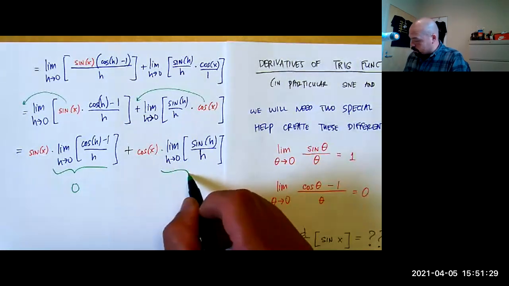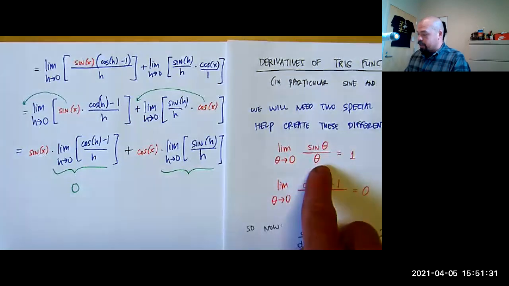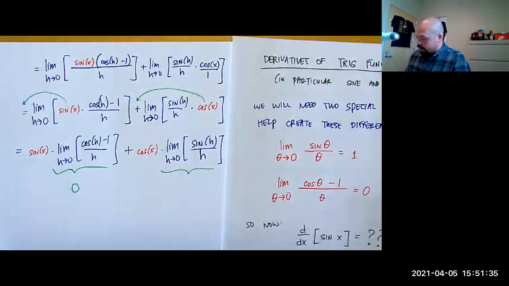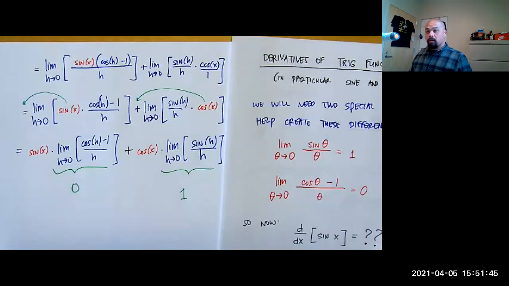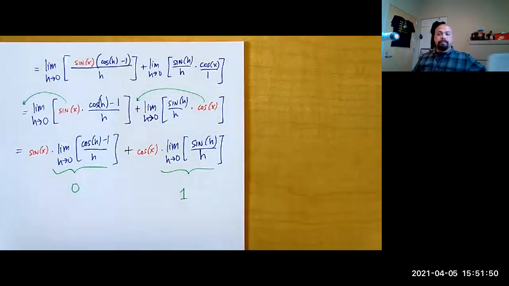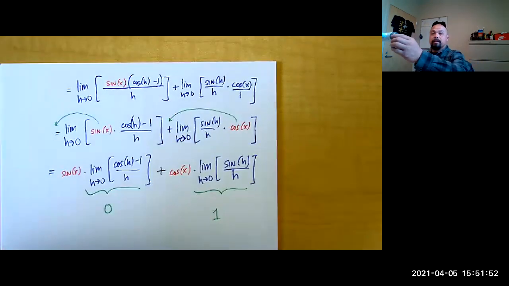This limit, sine theta over theta, as theta goes to 0, or sine h over h, h going to 0, is equal to 1. And we take that for granted, or from previous work. We can take a long road to derive those, look in the textbook, look online, or go through a calculation route to see.